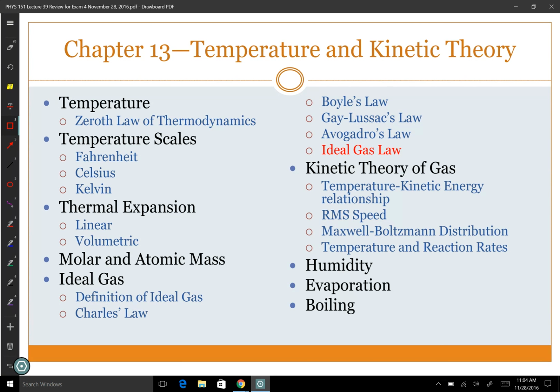It says the temperature of the person in the all-white suit is 9.7 degrees Celsius, and the temperature in the environment is minus 14.5 degrees Celsius. And then it asks you to find the rate of heat transfer. Well, for that rate equation, which is going to be in chapter 14, I think, you have to use kelvins. So I had to shift it from Celsius to kelvins.